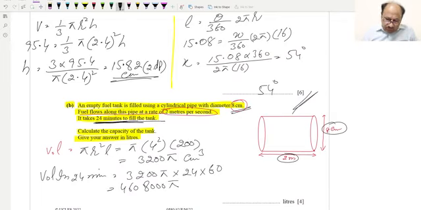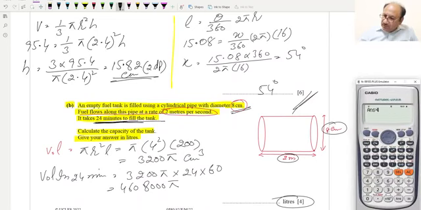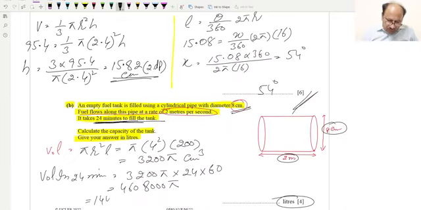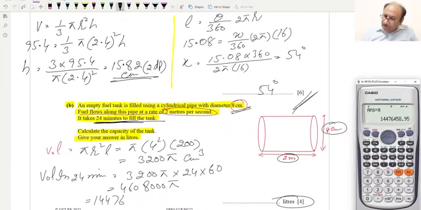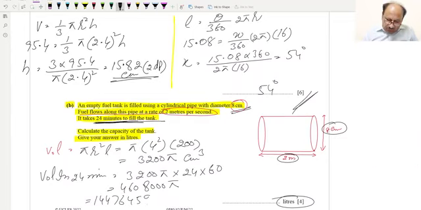The answer we require is in liters, so if we multiply this number by pi, it will be equal to 14476459.